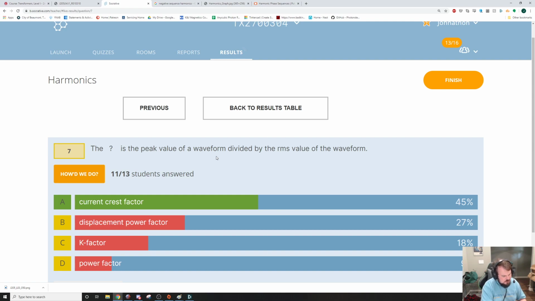For some reason, I didn't even look at this page. So it's an easy way to tell how much distortion there is in a waveform. That's what you would do to determine it. A high current crest factor can cause overheating of devices.